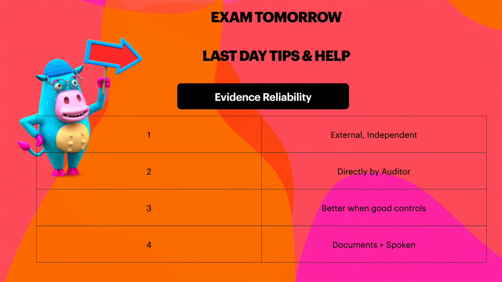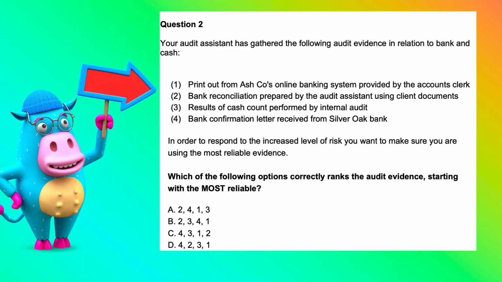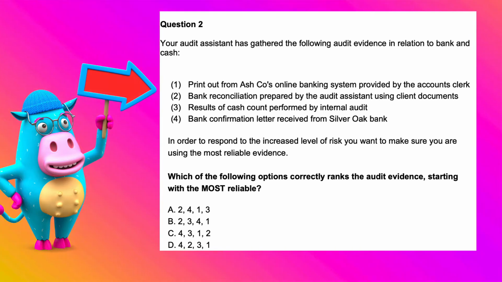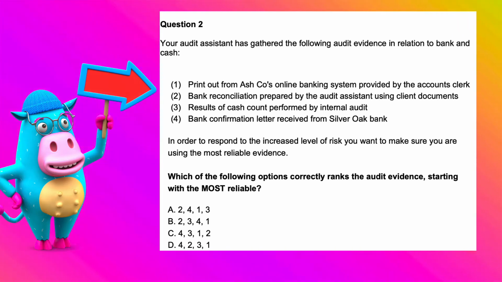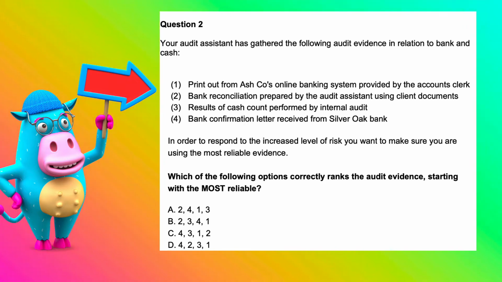So with that in mind, let's have a look at this question then. It just says, which of the following options correctly ranks the audit evidence with the most reliable? So you just have to go through and see which is the most reliable. So let's go through them all individually. Number one, a printout from the online banking system. So that's good, that's external, but it's provided by the accounts clerk.